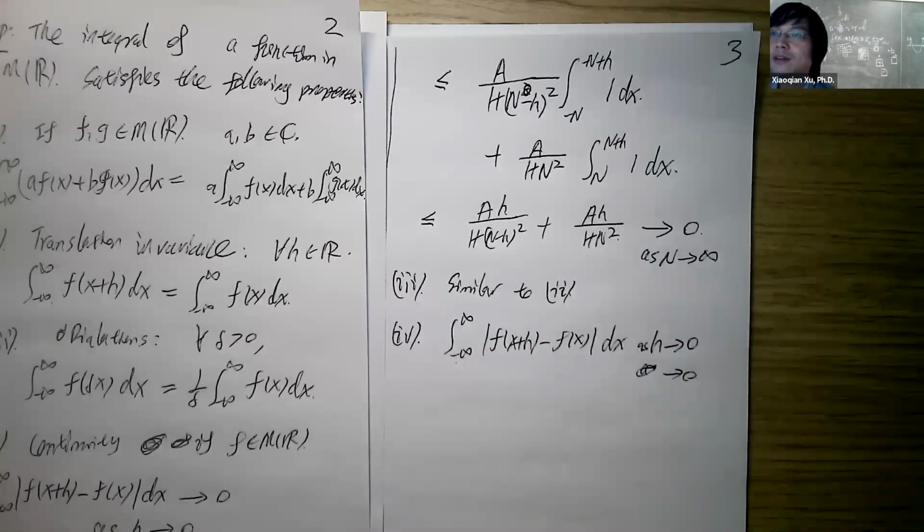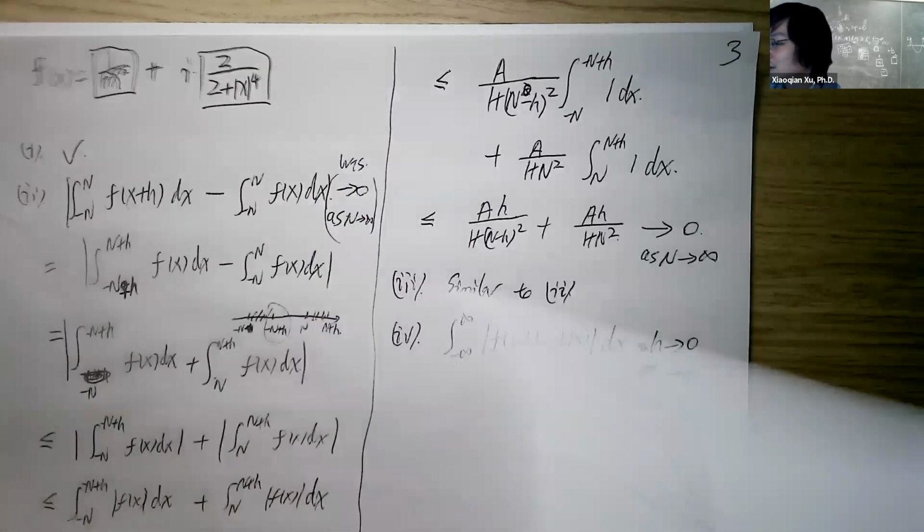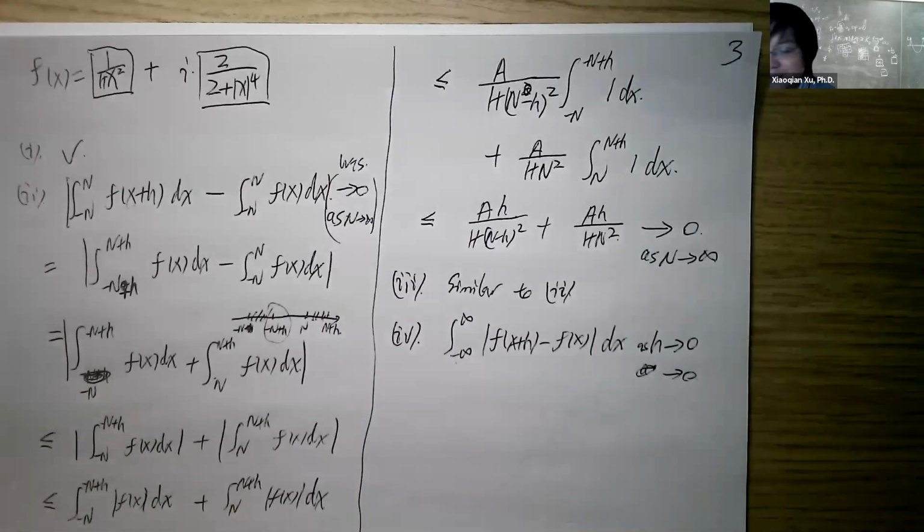Okay? Which means you have very, very small values everywhere, and then you take the summation, it's still very small and tends to 0. This is something very interesting, right? Any question? So let's try to prove it. Why does it tend to 0?